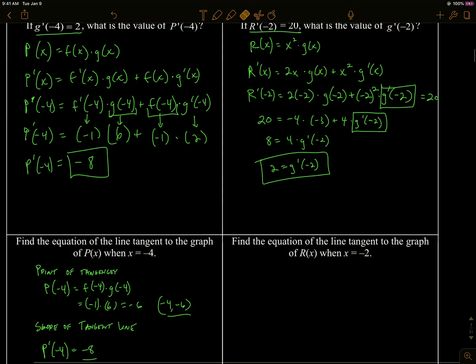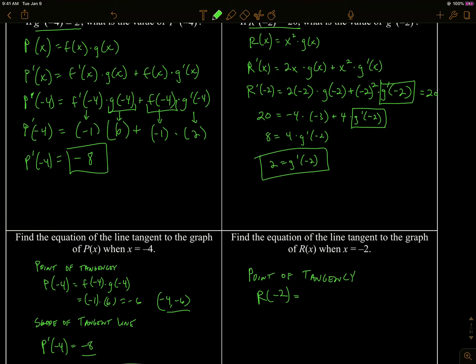So since I know r prime, well, we'll do it this way. First, I need the point of tangency. That means I need to know what r of negative 2 is. And that's going to be, r was defined as x squared times g of negative 2.